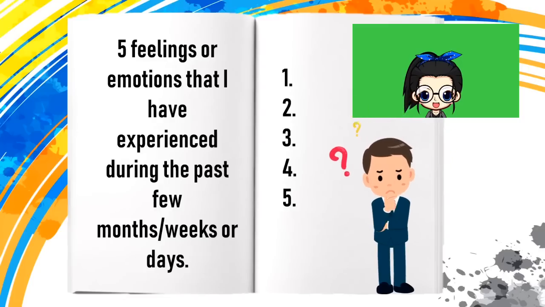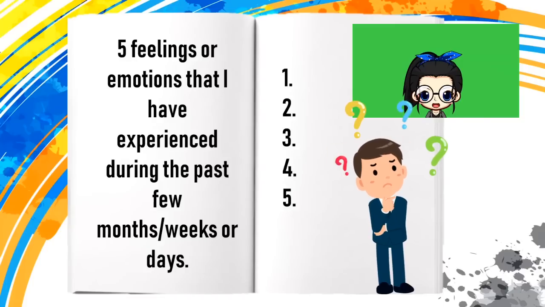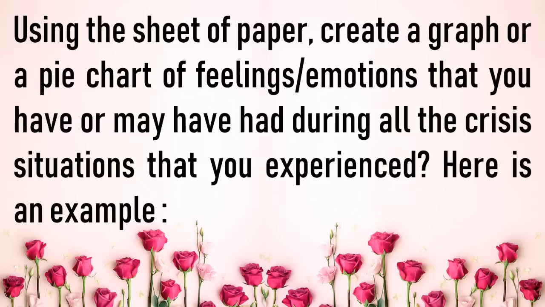Just choose the top five emotions for recent times. And now, using the sheet of paper, create a graph or a pie chart of feelings or emotions that you have or may have had during all the crisis situations that you experience.